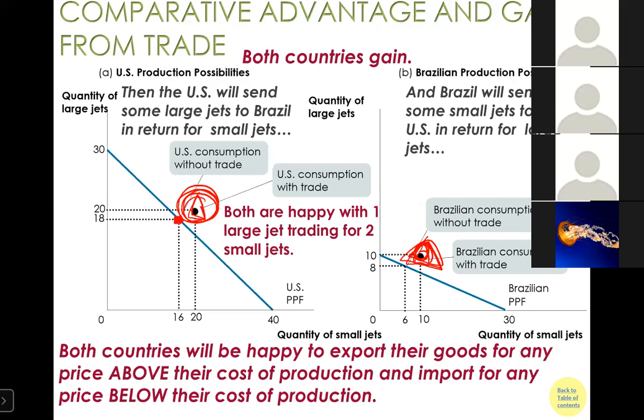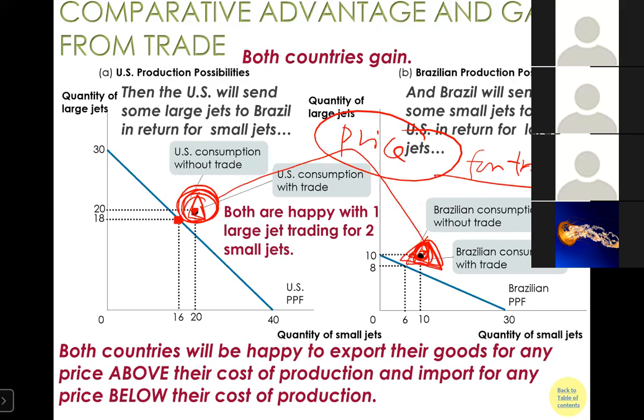Okay, but finally, I want to emphasize that when we are here, there's a price. Let me write down price. And this is a price for trade, right? So the price lies between their own opportunity costs.